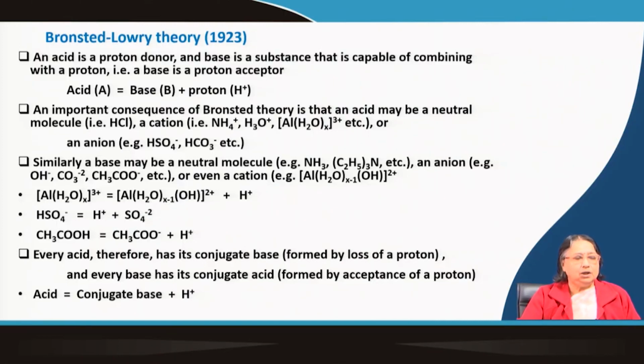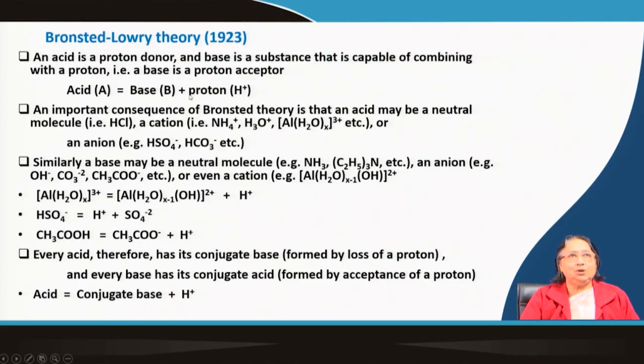Now comes the Lowry-Bronsted theory, and it was stated in 1923 that an acid is a proton donor and a base is a substance that is capable of combining with a proton. That means, here it is not said that a base is a substance which can give OH minus. Instead, it says that a base is something which can take up the proton.